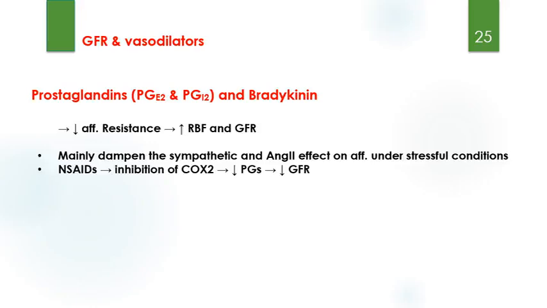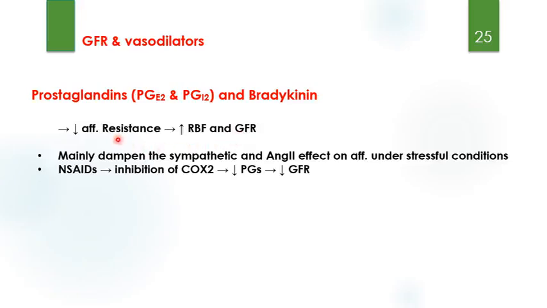Other vasodilators include prostaglandins such as prostaglandin E2 and prostaglandin I2, and also bradykinin. These dilate the afferent arteriole and increase renal blood flow and GFR in this way.